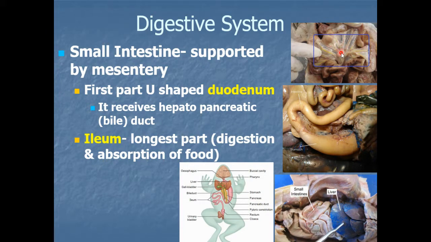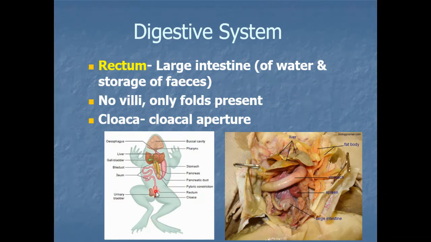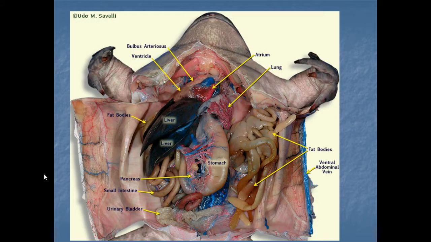This is the mesentery. And this small intestine leads to rectum. This is the rectum or large intestine, which opens outside by cloacal opening or cloacal aperture.